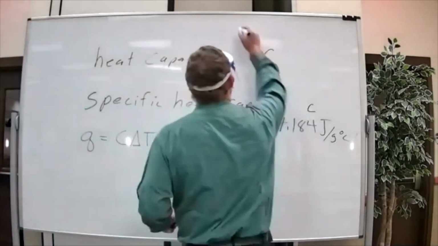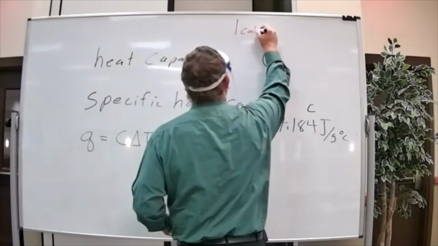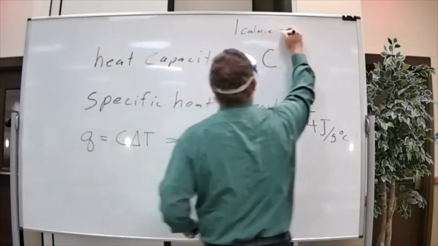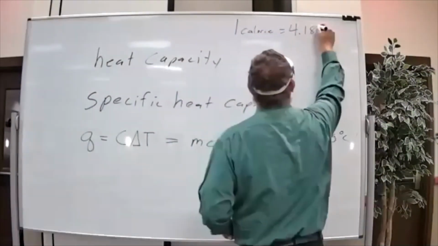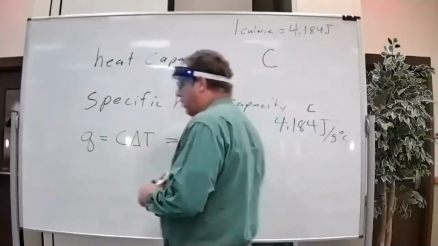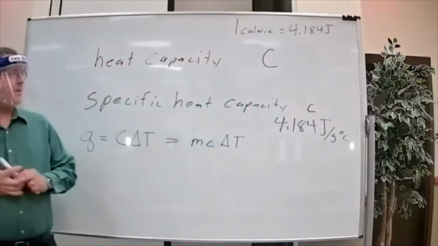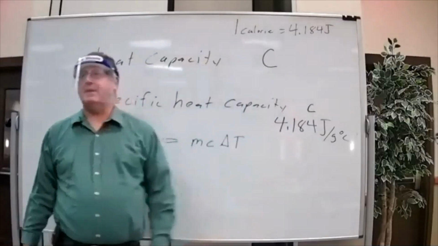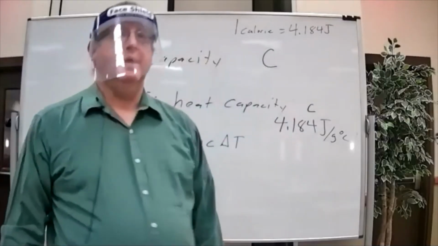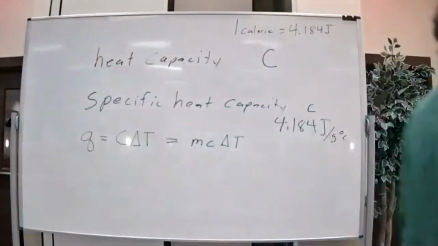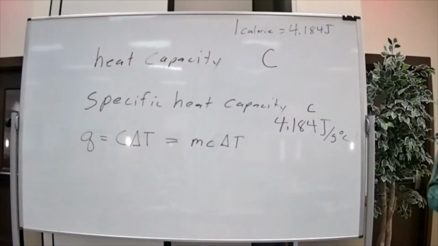And 1 calorie is 4.184 joules. Oh, wow. That's the same number, isn't it? That makes sense, right? So if I can determine the amount of energy it takes to increase or decrease the temperature of an amount of water, I can measure a heat change, right?